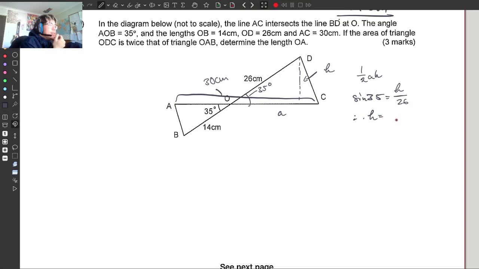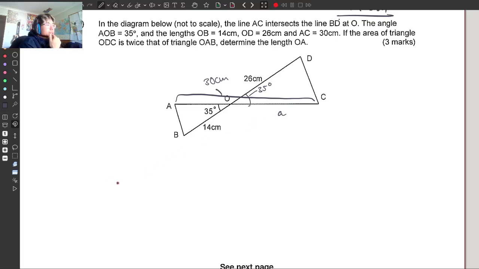Therefore, h is equal to 26 sine 35, which gives us that area is equal to 1/2 of A times B times sine C. I guess that's just sort of why we use this formula.